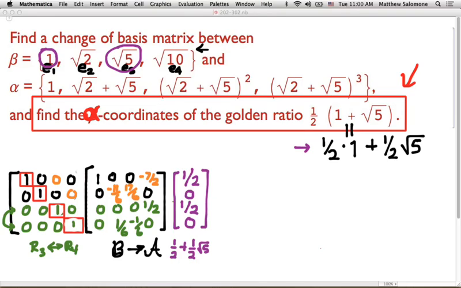And now we will get our A coordinates, which is what we wanted, by just performing this matrix product. And all in all, we end up with 1/2 times the first column, so 1/2, 0, 0, 0, plus 1/2 times the third column, 1/2 of 0, 1/2 of 17/6, 1/2 of 0, and 1/2 of -1/6.